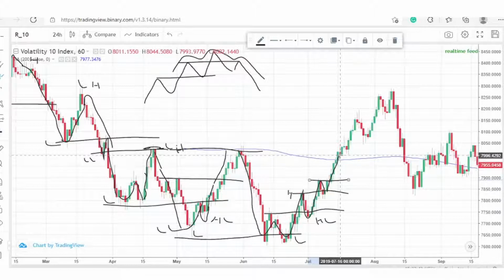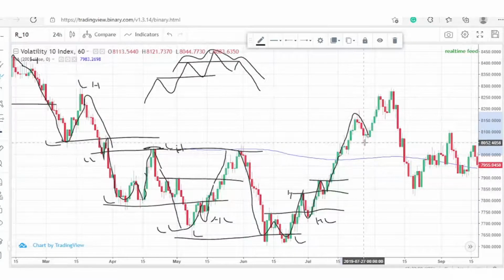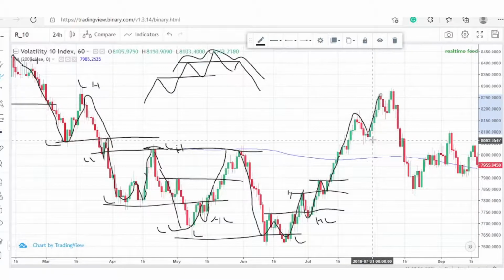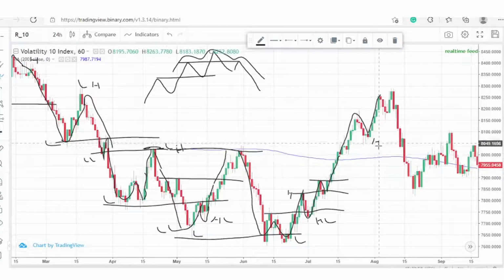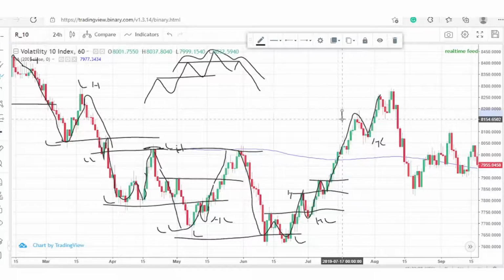We are not entering any trade. The market went up, okay, pulled back here, but did not come all the way down. Pulled up, so it gave us a higher low here. So we have a higher low here and a higher high.